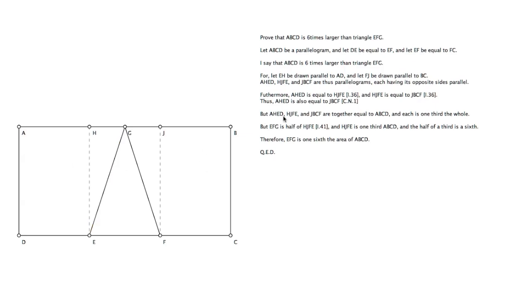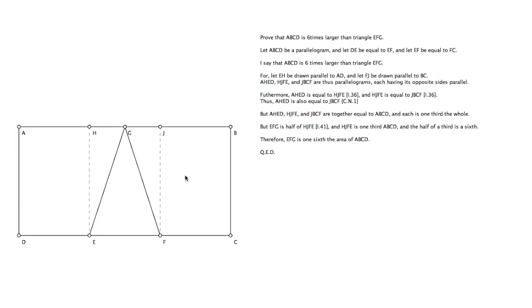Next, we're going to say that AHED, HJFE, and JBCF, that's each of these three parallelograms, are together equal to the whole parallelogram. That's not something we can assume. We have to prove it. Or at least we have to point it out, right? That these parallelograms together, if we add them all up, we get the whole parallelogram. That should be pretty obvious, but we need to say it.